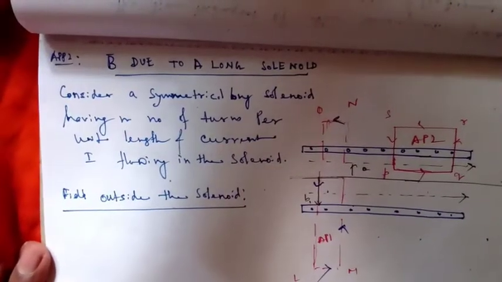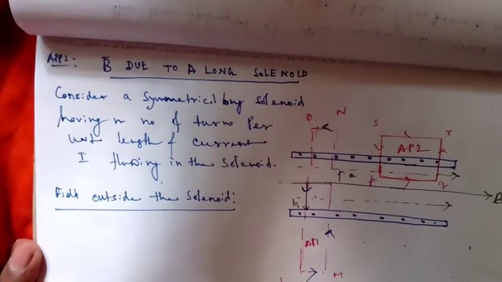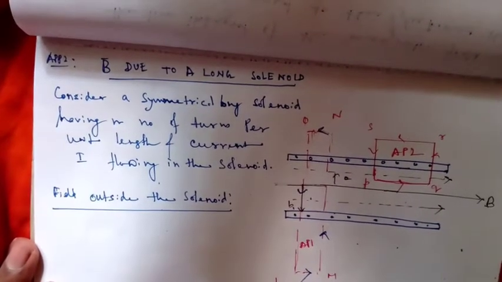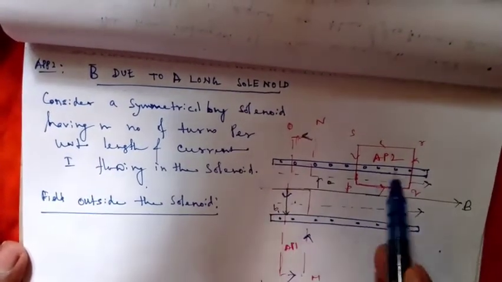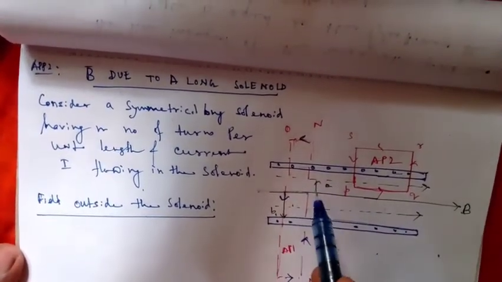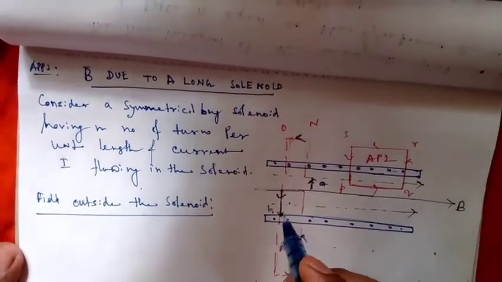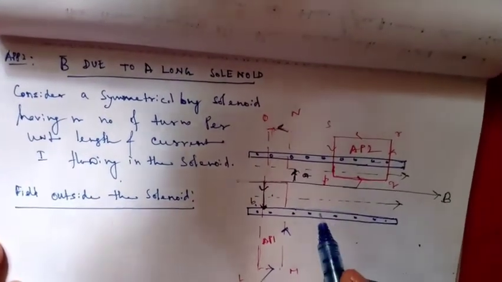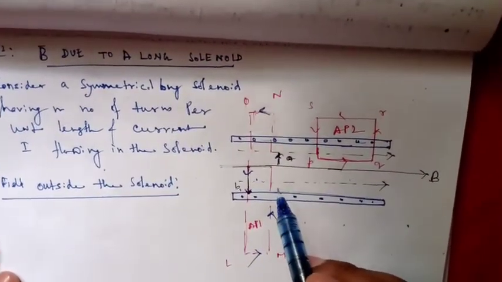Next, we consider a long solenoid. We want to find out the magnetic field due to a long solenoid for an inside point and also an outside point. This is the solenoid. This is the inner radius, which is a. This is the outer radius, which is b. For finding the magnetic field inside and outside, we choose two Amperian paths.